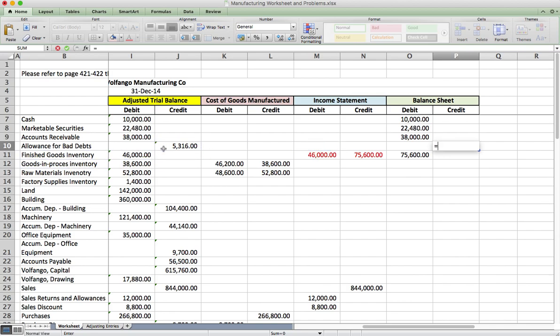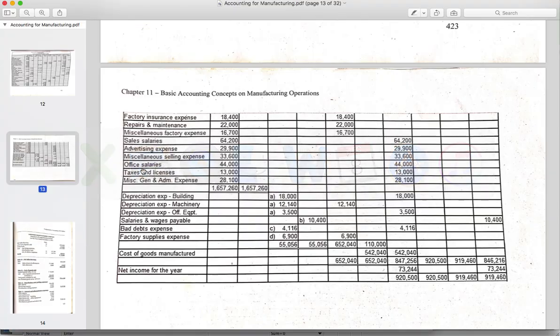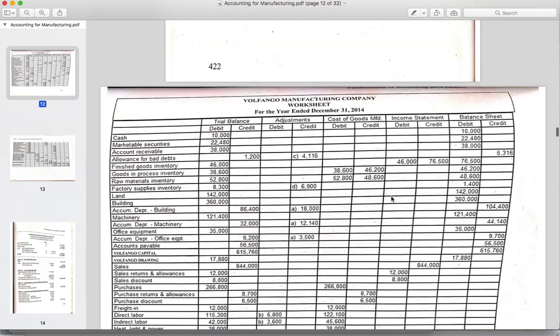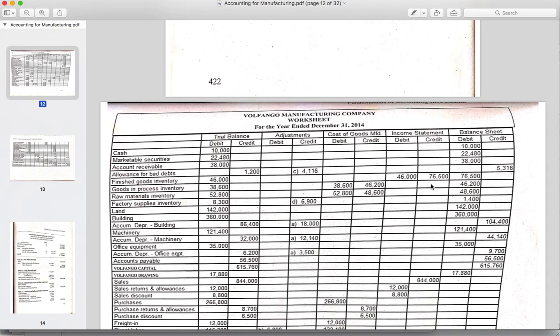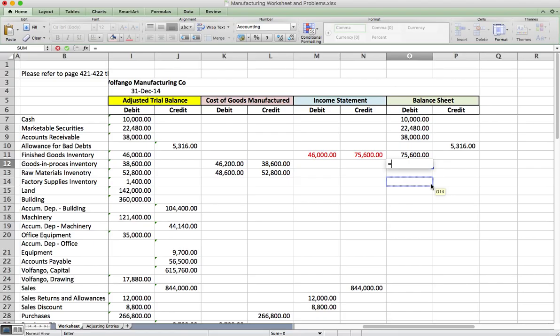Dahil, kontra, asset account, finished goods inventory, the ending inventory. And then, meron ka pa bang work in process inventory? Meron pa po. Ending. Okay?